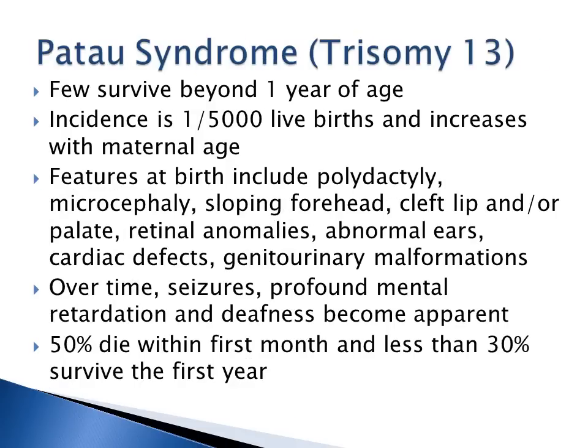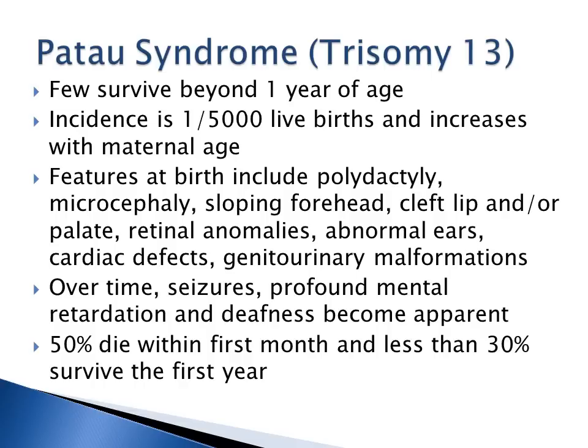Patau syndrome, or trisomy 13, is another trisomy disorder where you don't usually get survival beyond 1 year of age. The incidence is 1 in 5,000 live births, and again, trisomy 13 increases with maternal age.